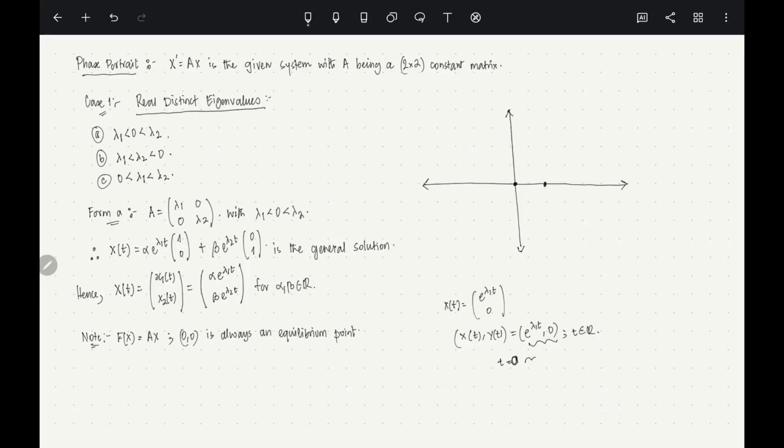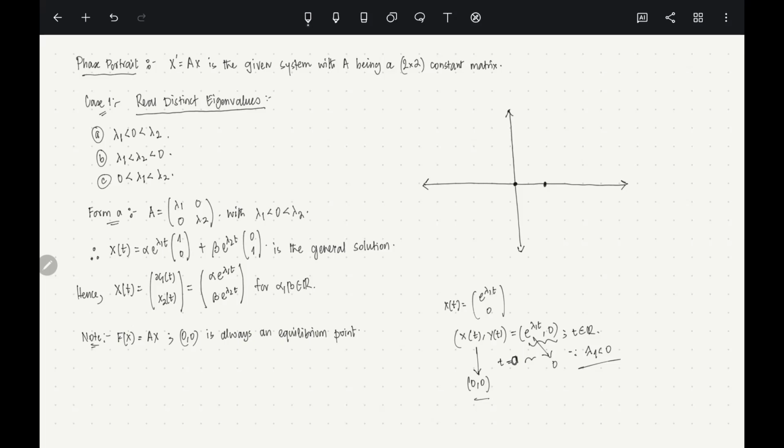Now lambda 1 is negative here. It's given that lambda 1 is negative, right? Since lambda 1 is negative, as t tends to infinity, this particular thing is going towards 0. So essentially this vector approaches the equilibrium point 0, 0.